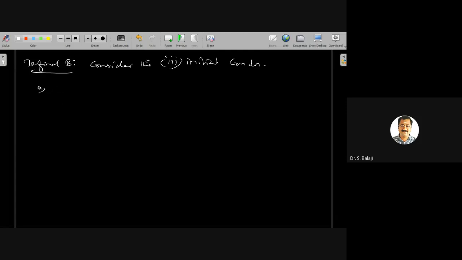That is the derivative of y bar, d by dt of y of x comma 0, at initial time, that is initial velocity.